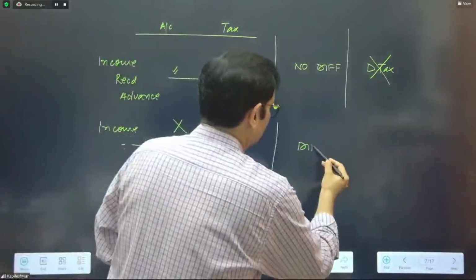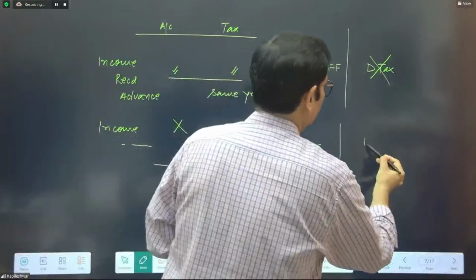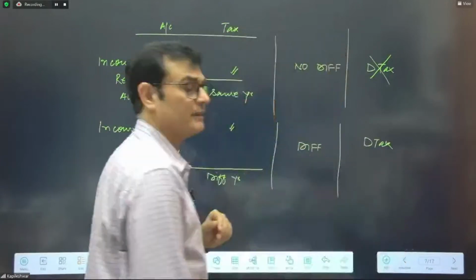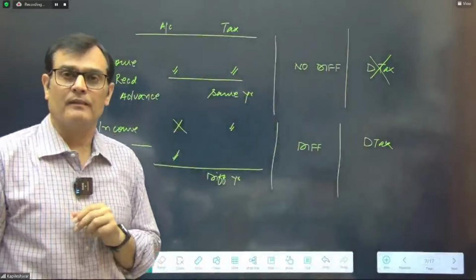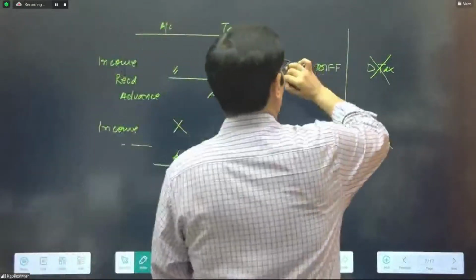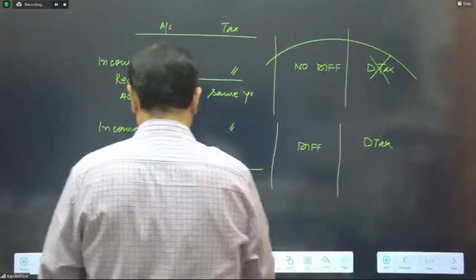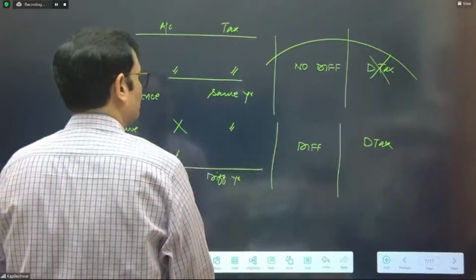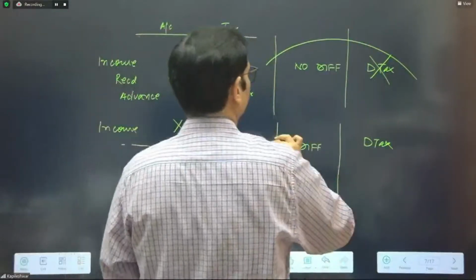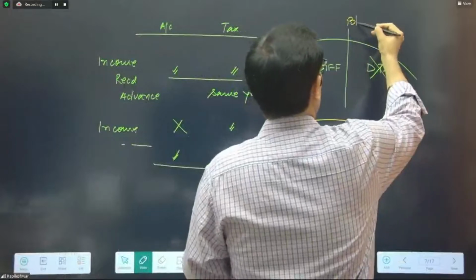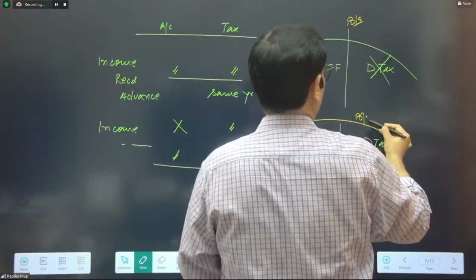Will a difference arise this year? Yes. Will it give rise to a deferred tax? Yes. Now, in this example, let's apply the balance sheet approach to understand this part.